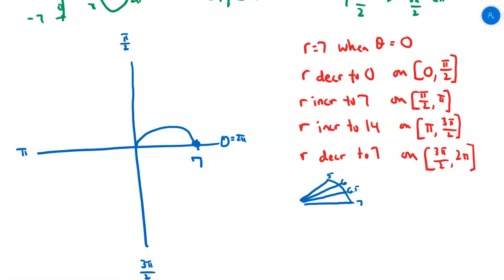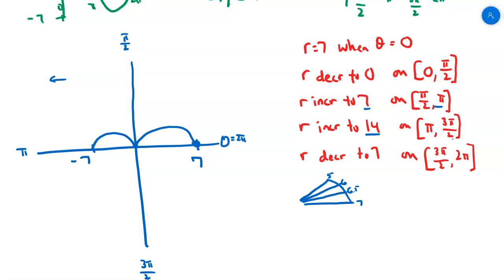Now, from pi over 2 to pi, the radius is going to increase to 7. But 7 in which direction? 7 in the direction of pi is that away. So we would think of it as negative 7. All right, so I've got another set now that's increasing until it gets to negative 7. Now it says it increases until it gets to 14.